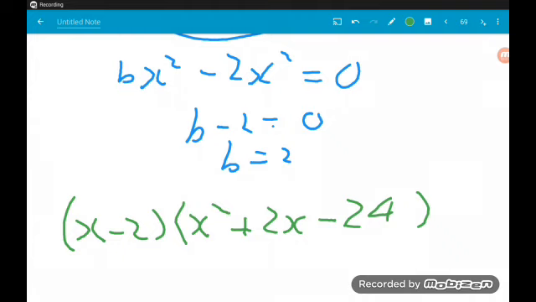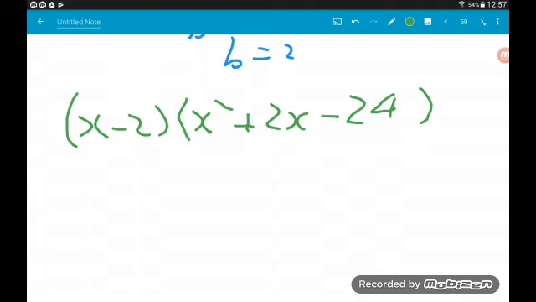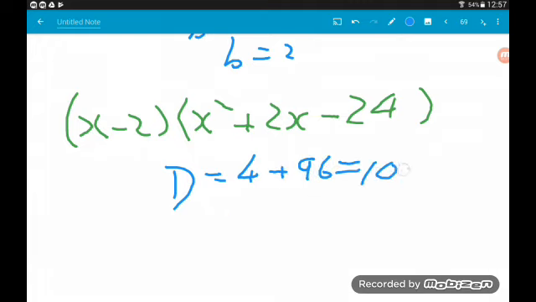Okay, let's check the discriminant then, it's the cool thing to do. So the discriminant of the quadratic is going to be 2 squared, so 4 minus 4 times 1 times minus 24. So it's going to give us a positive. 4 times 24 is 96. So we get a discriminant of 100, which is bigger than 0.